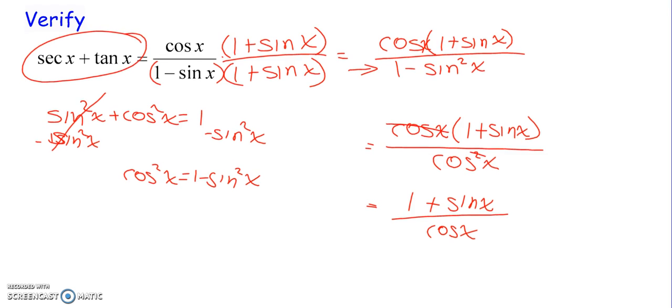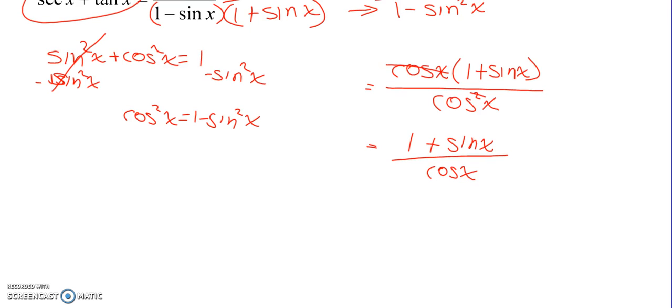And it has to do with our rules of division. I could take this cosine and divide it into each of these individually, meaning I could break it up into two division problems, make it two fractions. Think of it as the reverse of adding fractions: usually you have common denominators and you combine them into one fraction.